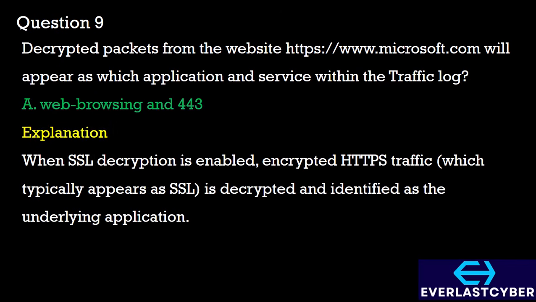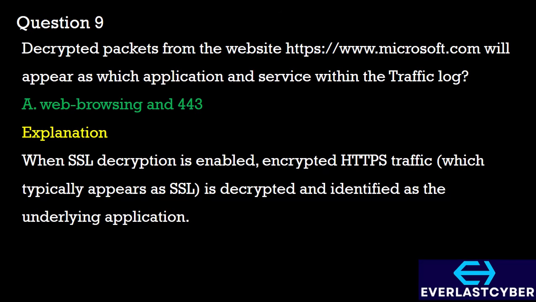So when SSL decryption is enabled, encrypted HTTPS traffic, which usually appears as SSL, is decrypted and identified as the underlying application. In this scenario we have here, since the website's address is a standard web page, the Palo Alto firewall will recognize the traffic as application web browsing because it is the standard web traffic after decryption.